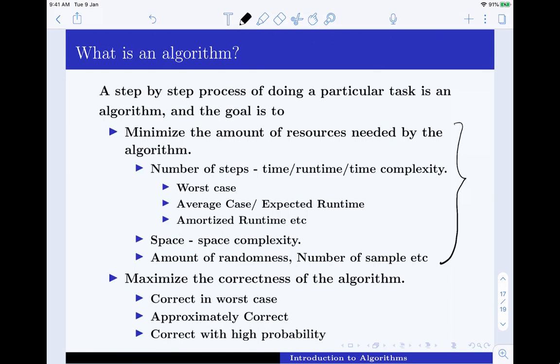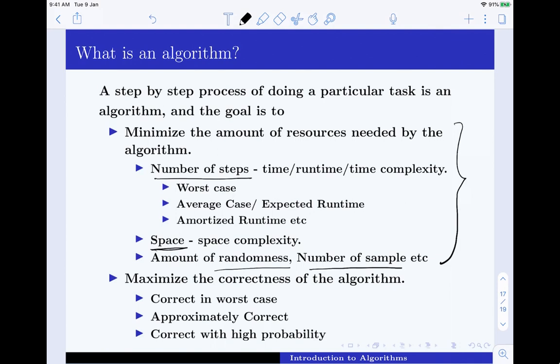What do I mean by resources? They can be the number of steps, the amount of space required, the amount of randomness required, the number of samples required, and many other things. Throughout the course we will be seeing quite a few of these various resources.